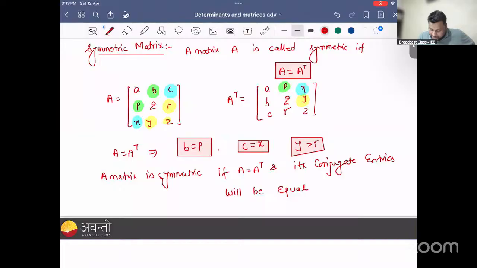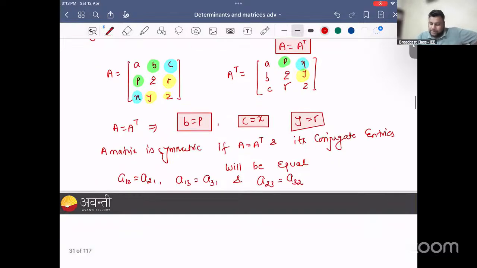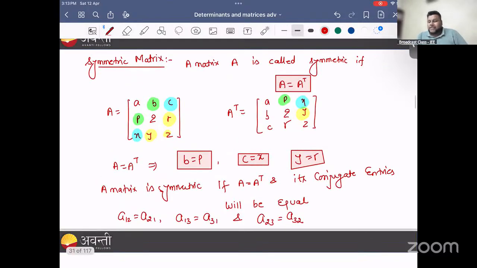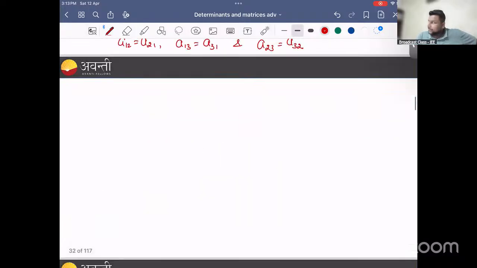Means A12 should be equal to A21, A13 should be equal to A31, and A23 should be equal to A32. Understood? A12 is A21, A13 is A31, and A23 is A32. So this is a symmetric matrix.